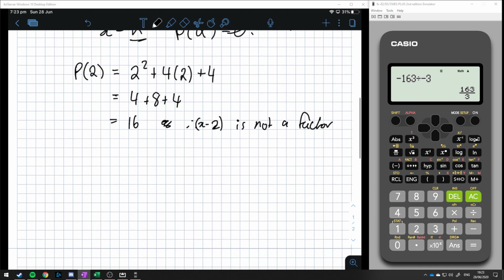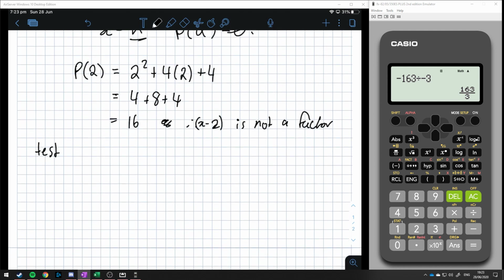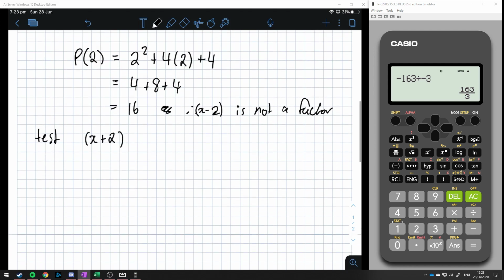But let's say I want to test x plus 2 as a factor, okay? So I'm going to try p of minus 2. So that's going to give us minus 2 squared plus 4 lots of minus 2 plus 4.